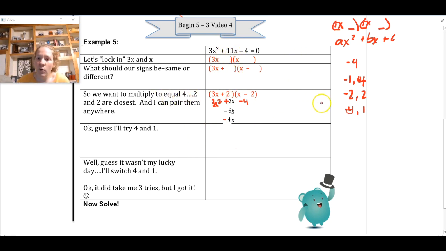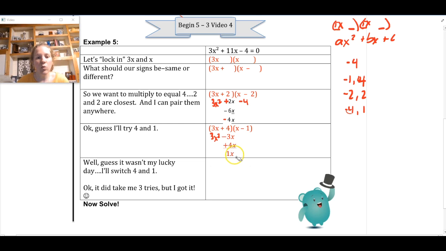I'm going to try my 4 and 1 now. So I've already got my 3x and my x locked in. I've decided I'm going to put a positive here and a negative here. So now I'm going to test this. Well, 3x times x is 3x squared. I know that's going to work out every time. 3x times negative 1 is going to be negative 3x. 4 times x is going to be my 4x.